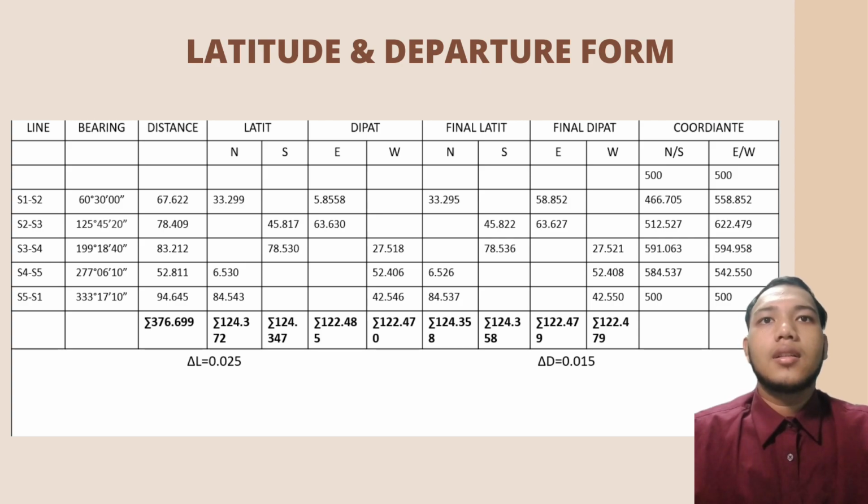Okay, 500 we minus the final latitude 33.295, and then we got 466.705, and then we plus 45.822 and we got 512.527. And then we plus again 78.537, we got 591.063.